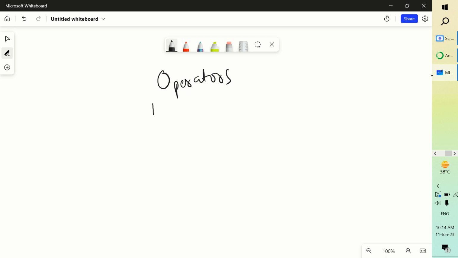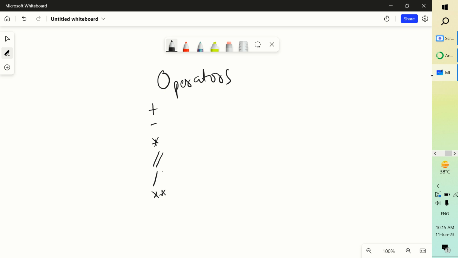So we have studied plus operator, subtraction operator, multiplication operator, this is star, then this is integer division, this is floating point division, single slash, and then this is exponent.